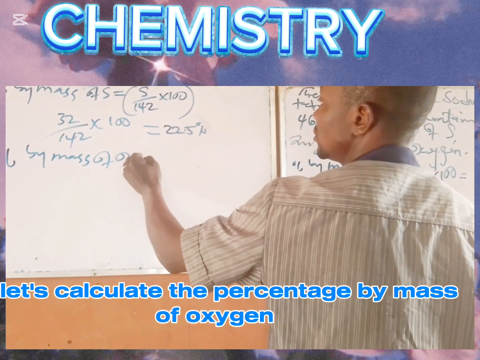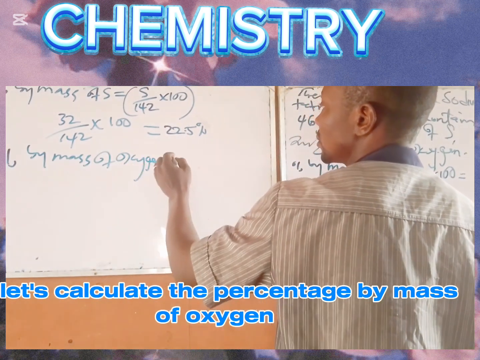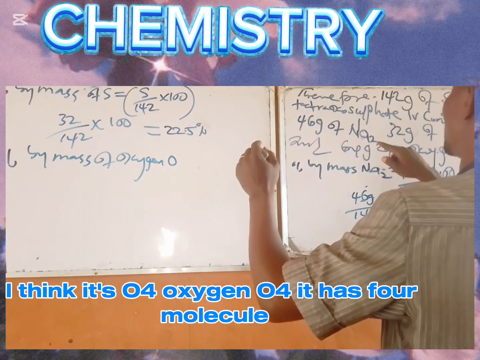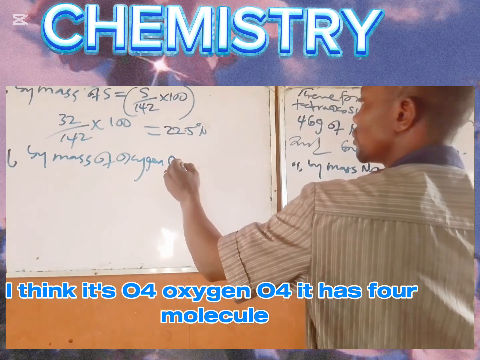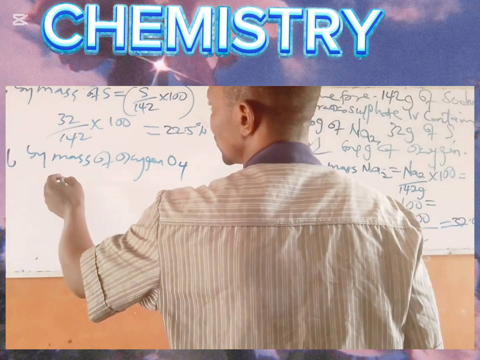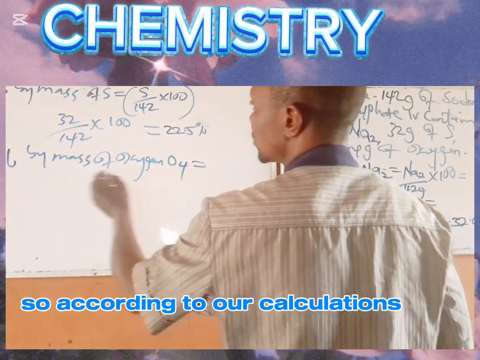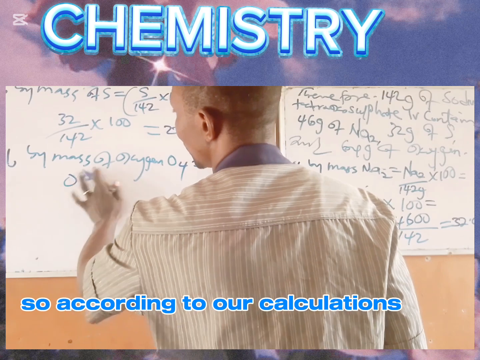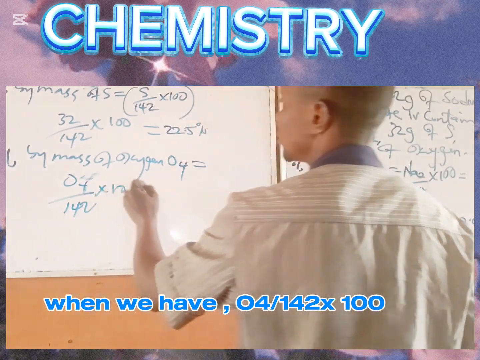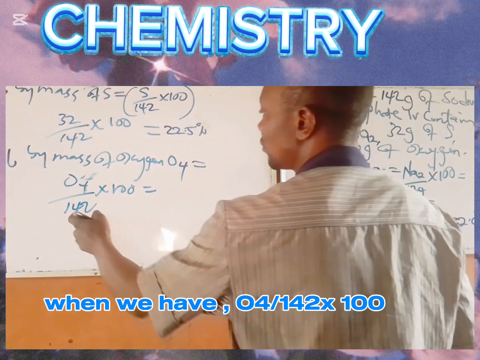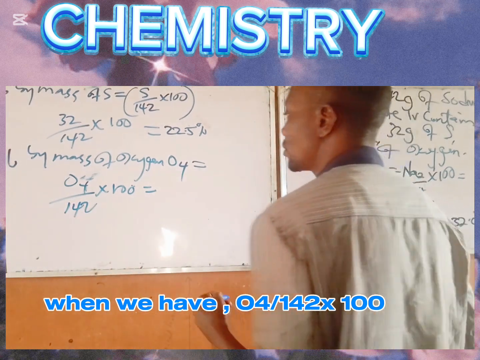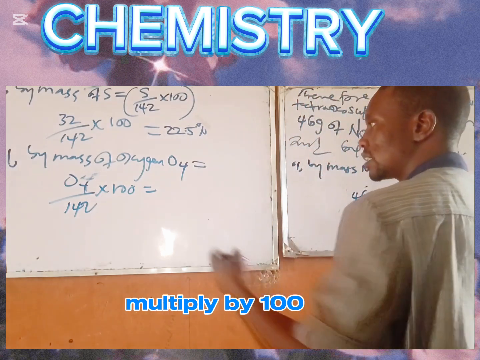So let's calculate the percentage by mass of oxygen. It's O4, oxygen, it has 4 molecules. So according to our calculation, we have O4 all over 142, which is the relative molecular mass, multiplied by 100.